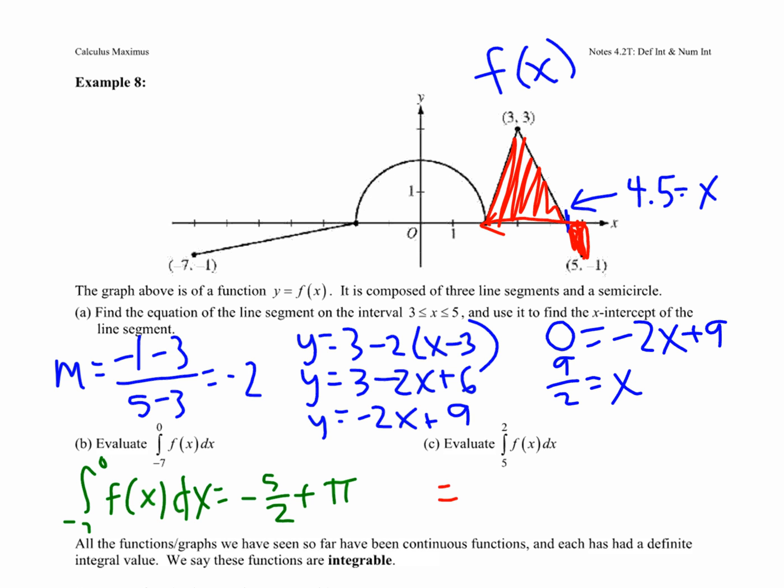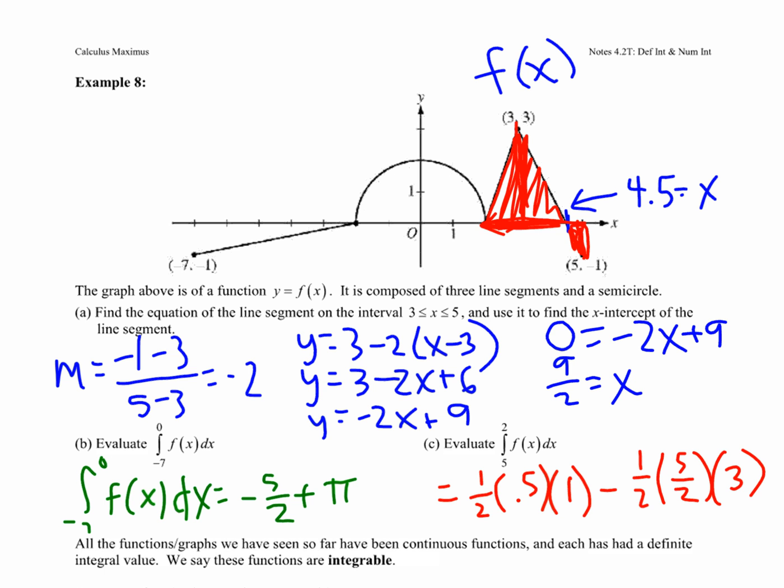It's going to be positive 1/2 base would be 0.5 times the height of 1, minus 1/2 times 2.5 or 5 halves, and the height would be 3. I know I could leave it like that, but that would be 1/4 minus 15 fourths. So that would give us negative 14/4 or negative 7/2.